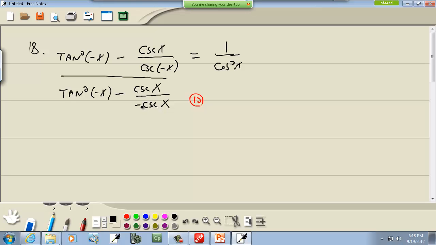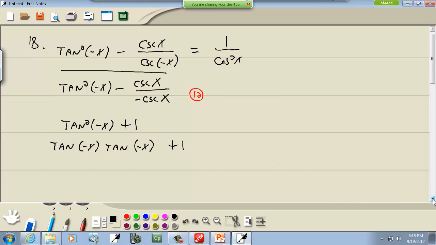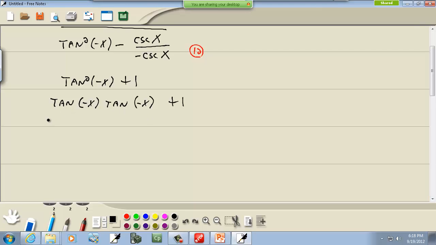And negative becomes positive. So this now becomes tangent squared of negative x plus 1. And what this means is tangent of negative x times tangent of negative x plus 1. Which means we can take the negative and put it out in front. So we got negative tangent x times negative tangent x plus 1. And negative times a negative is positive, so this just becomes tangent squared.